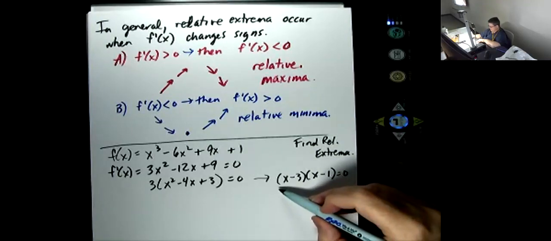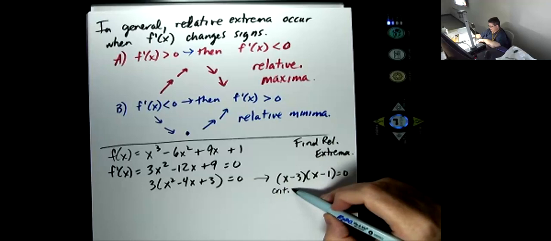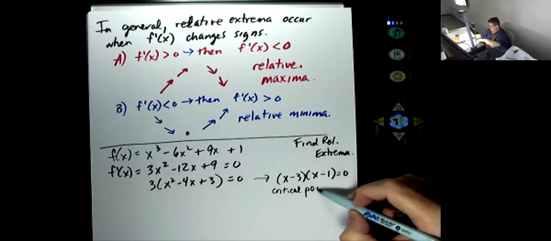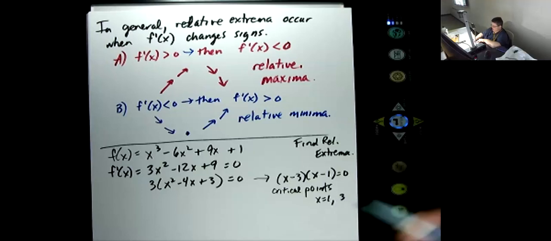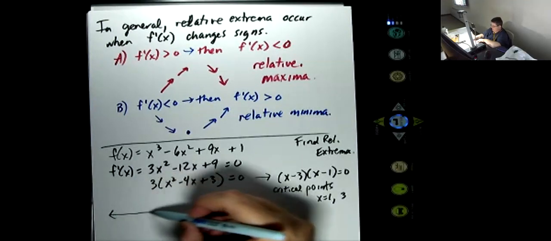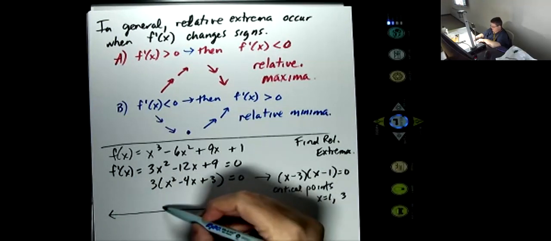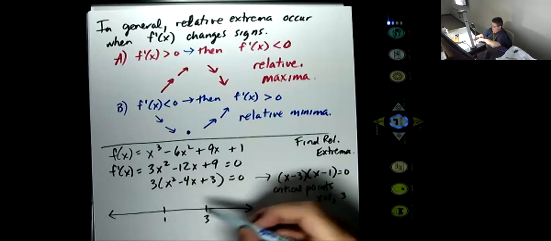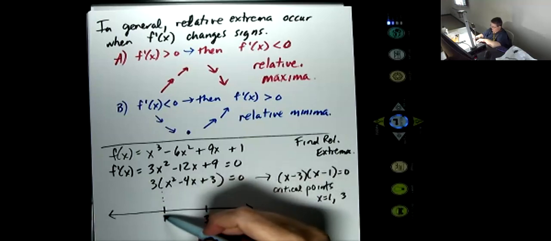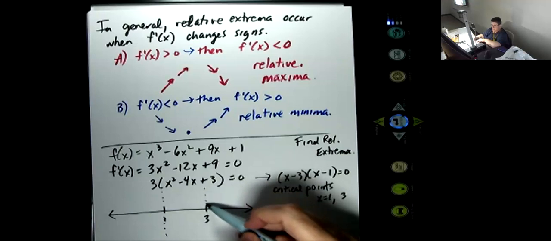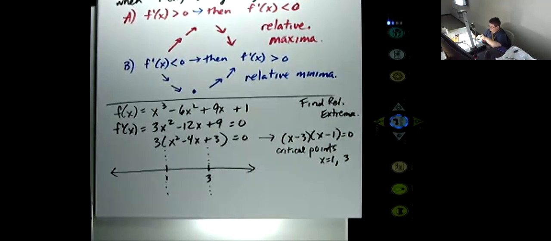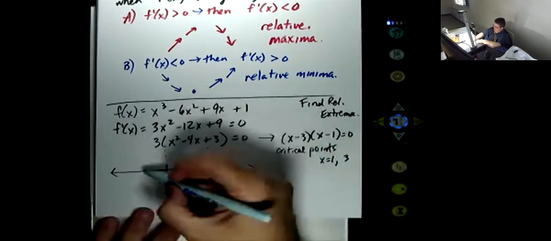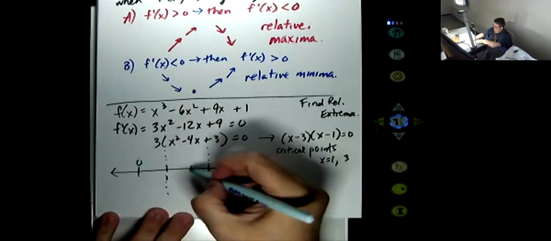So I have critical points at x equals 1 and 3. Check 0, 2, and 4.